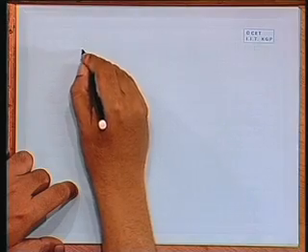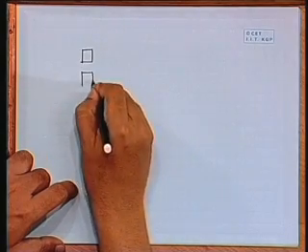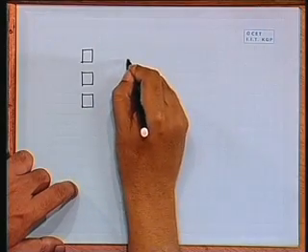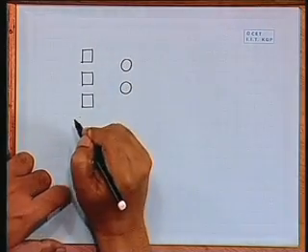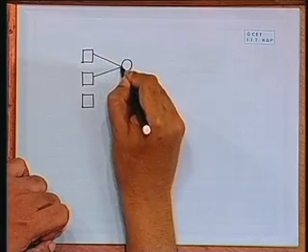Suppose I start by giving an example where the inputs are all booleans. So, let us say that I have these 3 inputs and these 2 outputs, right, and I have a complete connection.